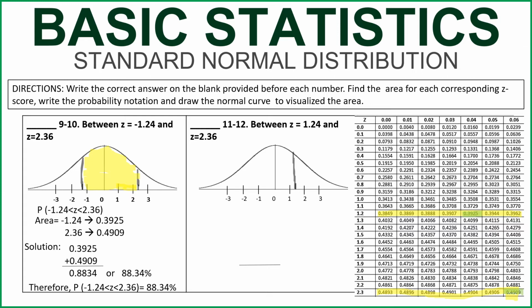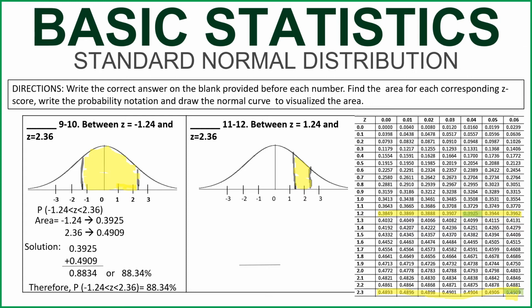How about 2.36, yung kanina? So approximately dito rin siya. Let's say dito siya, 2.36. Then we shade the area na kinukuhanan natin. So eto yung kukuhanan natin ng area. Yung gitna nila. Always sa gitna nila kapag between yung pinag-uusapan.